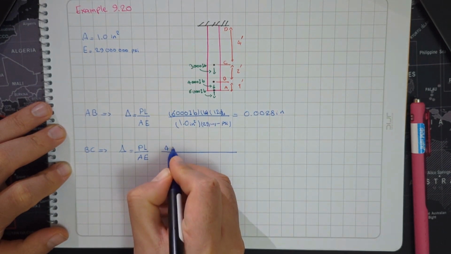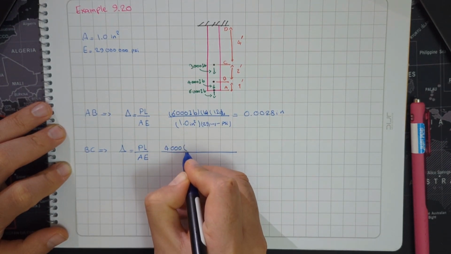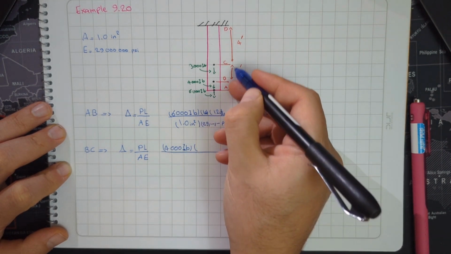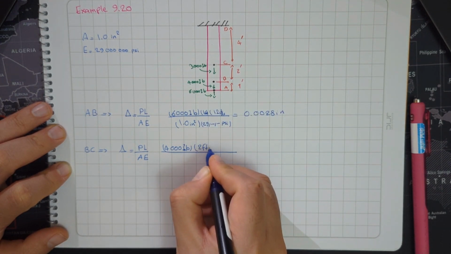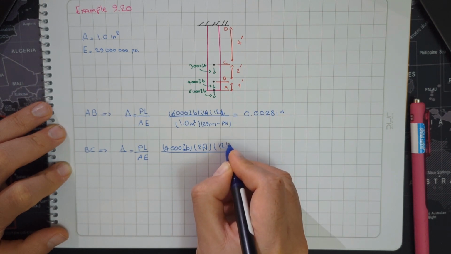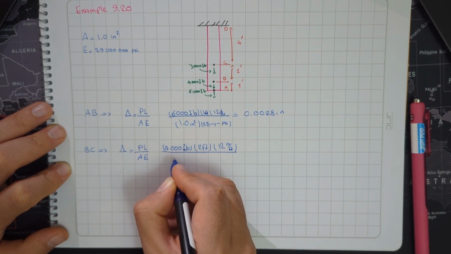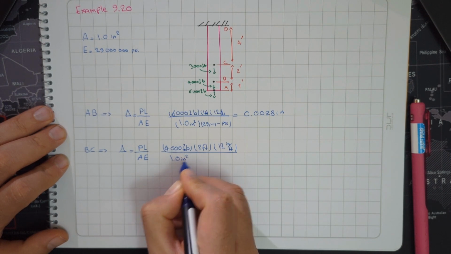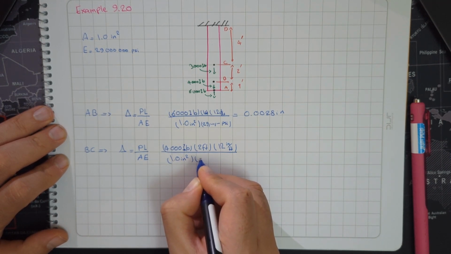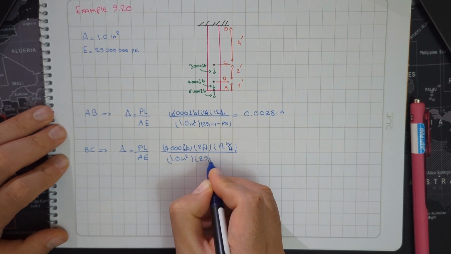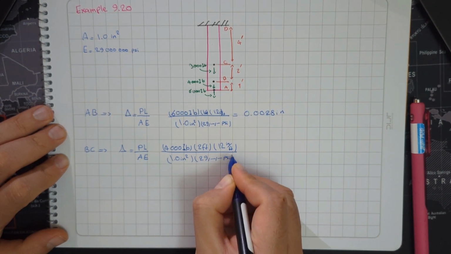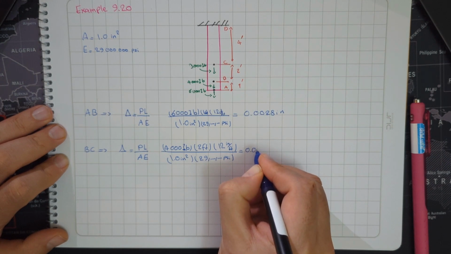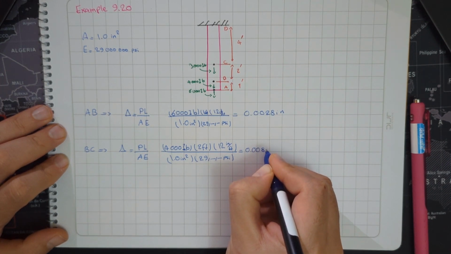Here it is 4,000 pounds and 2 feet, times 12, over the cross-section area, 29 million psi. Right? The answer is 0.0088 inches.